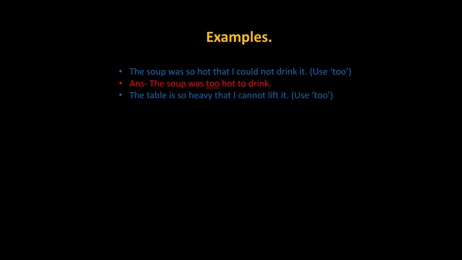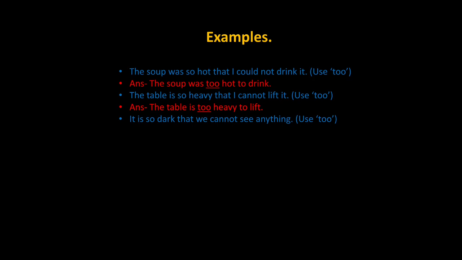Clear? Now number 2: The table is so heavy that I cannot lift it. Friends, you can see the word "cannot" indicates that this sentence is negative. So we have to remove "cannot", and instead of "so that", we use "too". The answer is: The table is too heavy to lift.